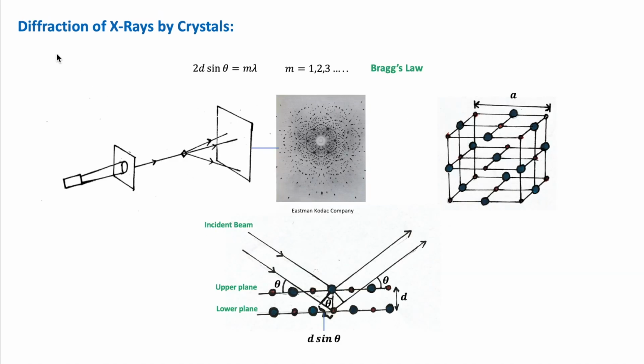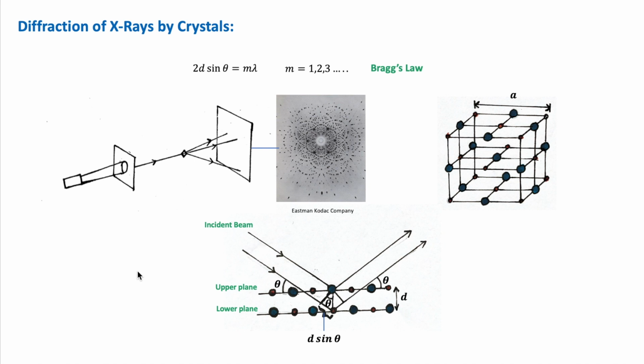So we will now discuss diffraction of X-rays by crystals. We have seen in the previous slide that the wavelength of any electromagnetic wave can be determined if we use a grating of the right spacing d, right? So X-rays are electromagnetic waves with very short wavelengths of about 0.1 nanometer, which is 1 angstrom.